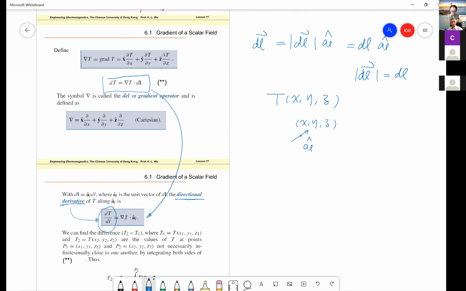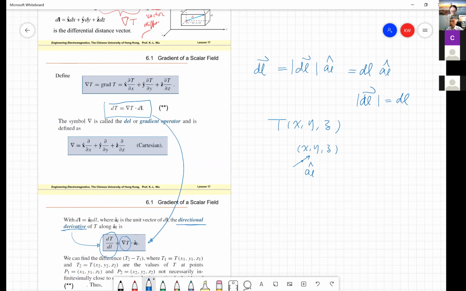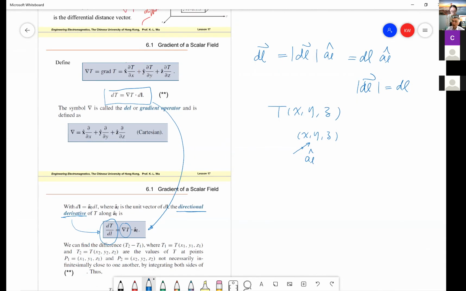Now, after we define the gradient, what that says is, if you would like to find the directional derivative, that's fine. You take the gradient first. The gradient has no specific meaning for a particular direction. It describes the variation in all the directions.